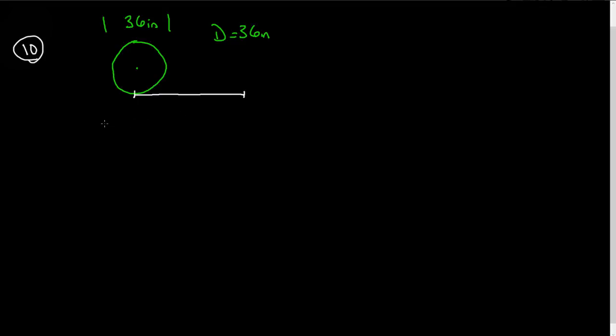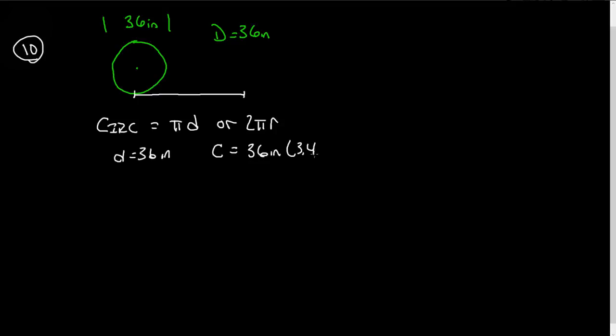So the circumference of a circle equals pi d, or 2 pi r, either one, but we're given that d equals 36 inches, so the circumference equals 36 inches times 3.14. That's an approximation for pi, so don't go crazy on me.